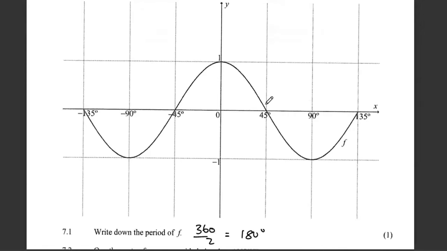And then we are starting from negative 135. We are ending at 135, and then the steps are 45. But I'm going to reduce my steps to something like 22,5 so that I can see what exactly is happening. So at negative 135, it's an asymptote. We need to indicate that.